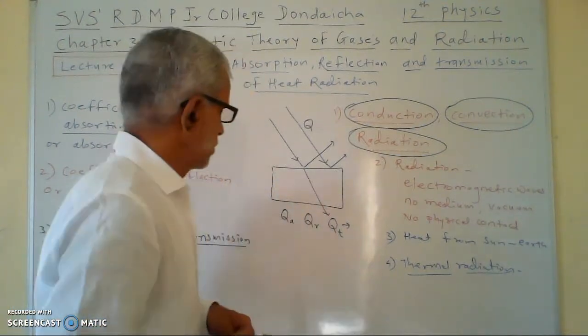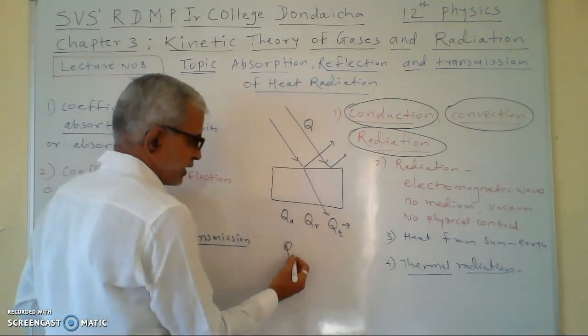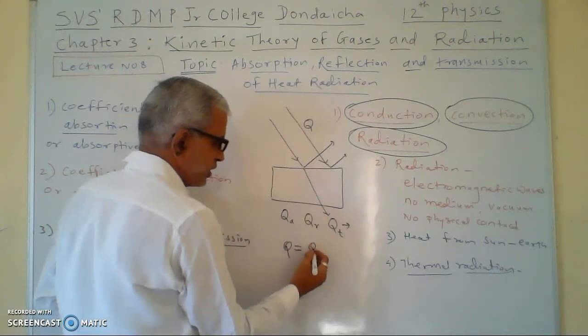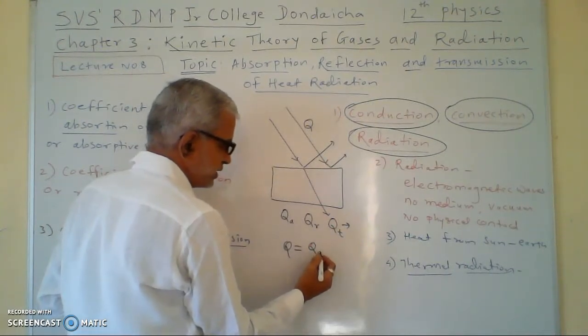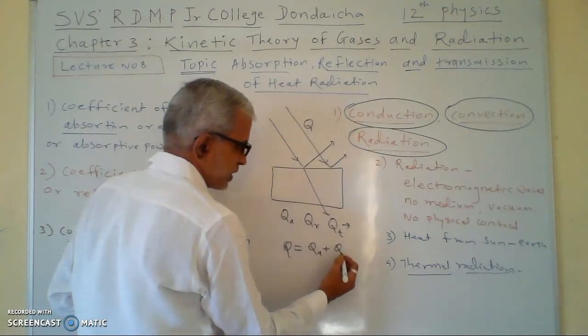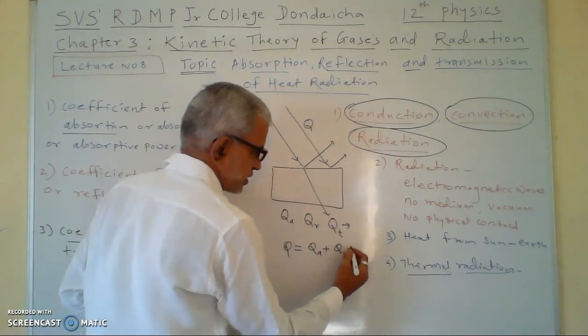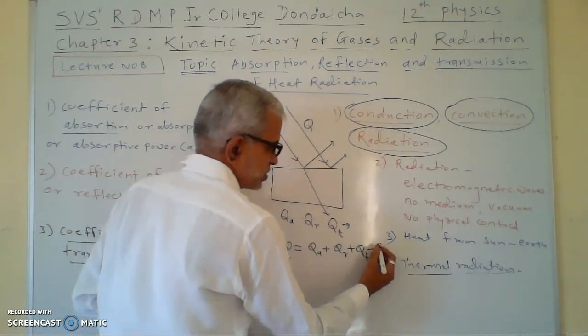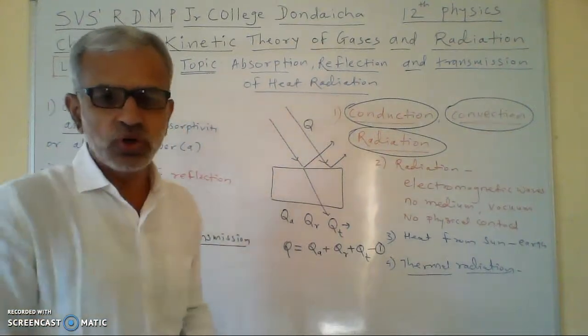It means that total radiant energy which is supplied to the body should be equal to radiant energy absorbed by the body plus radiant energy reflected by the body plus radiant energy transmitted through the body.